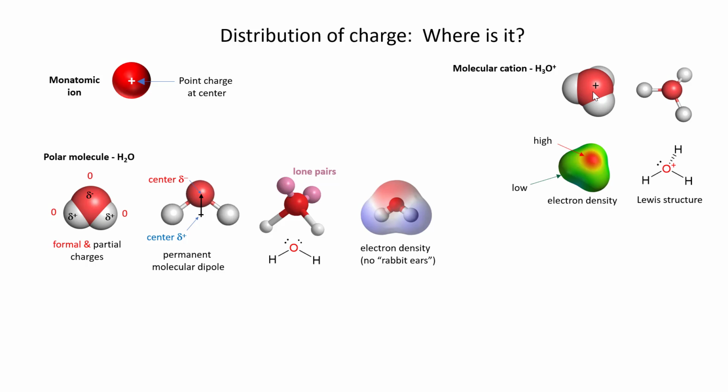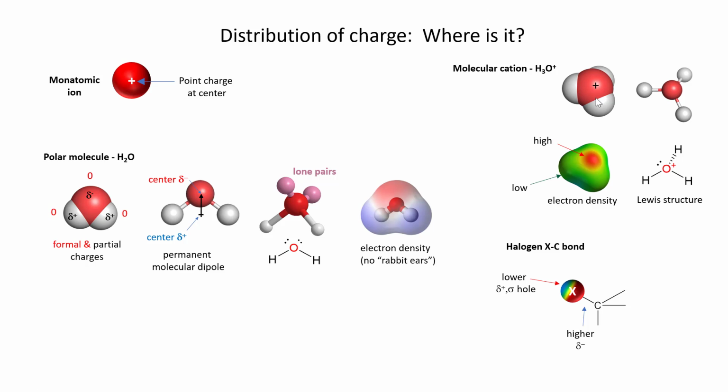For an explanation, let's look at the electron density around the hydronium ion, and you'll see that the red area of highest electron density is centered around the oxygen, with a bluish green coloring showing low electron density around the hydrogens, even though the oxygen has a +1 formal charge. This should make sense given that oxygen has more electrons and is more electronegative. Again, we don't need electron density maps, however, to account for hydrogen bonding that's observed in nature.